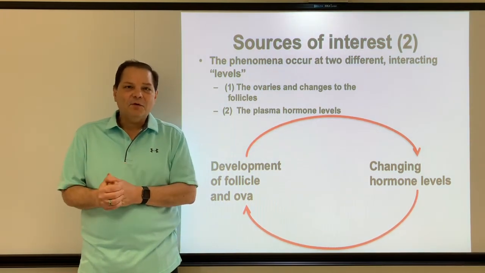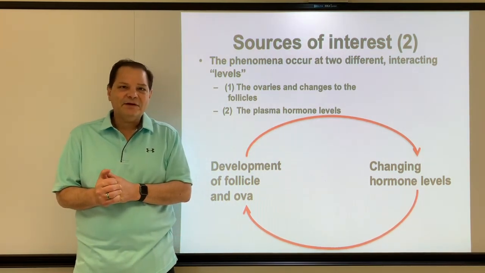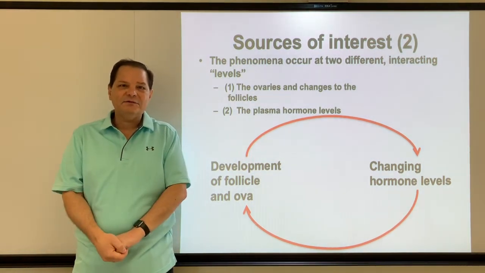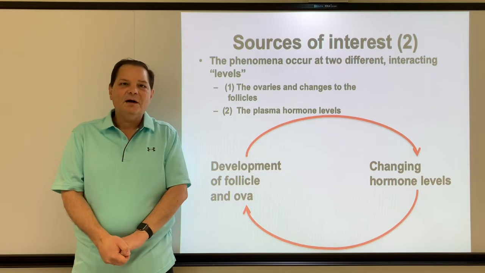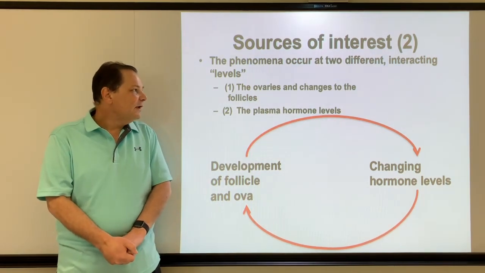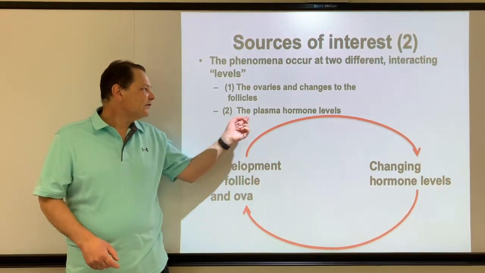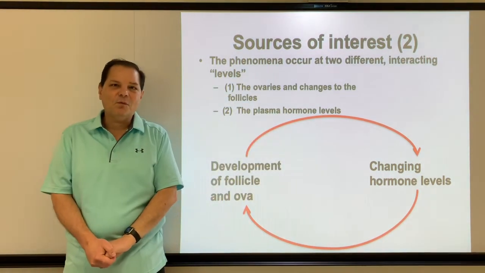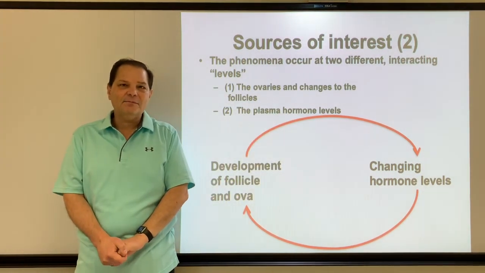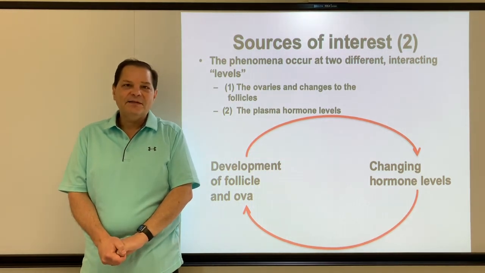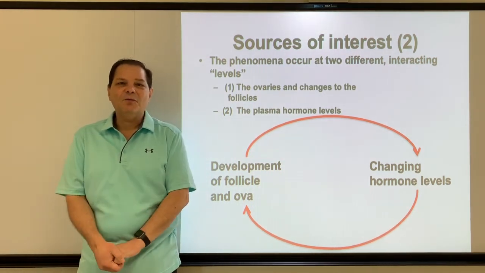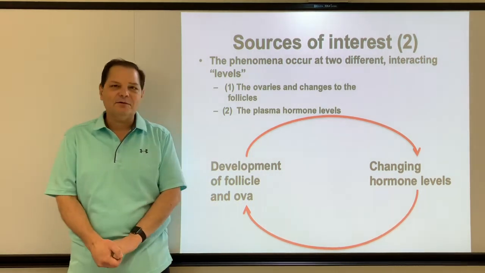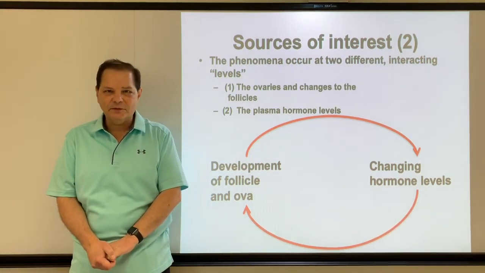They develop in the ovaries, and around the eggs, the oocytes, you have follicles that develop, and these follicles change morphology as you go through the cycle. And we also have a cyclical nature in terms of the changes in the plasma hormone levels, and as we'll talk about in a moment throughout this lesson, that means changes in the gonadotropins and changes in the sex hormones, and the stages of the cycle are characterized by changes in these hormones. Okay?